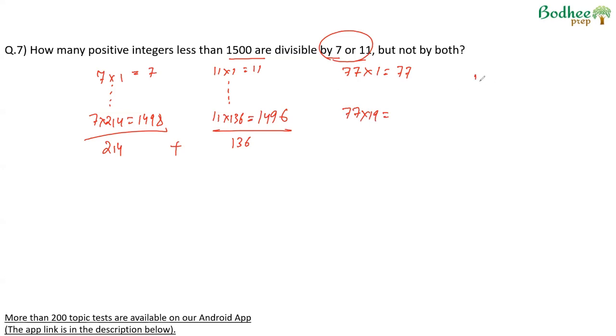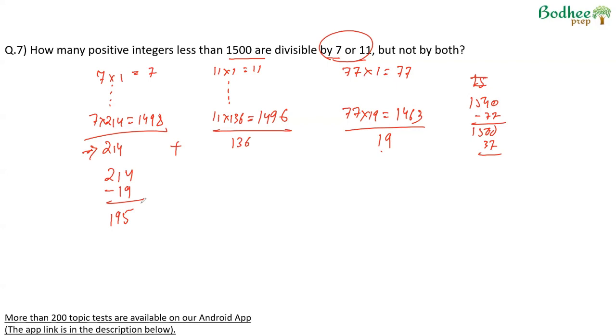I don't need to calculate it, but I'm still doing it. 77 into 20 was 1540 minus 77, so 1463. 19 such numbers. So out of these 214 numbers, these 19 are included. So let us first subtract them. We get 195.